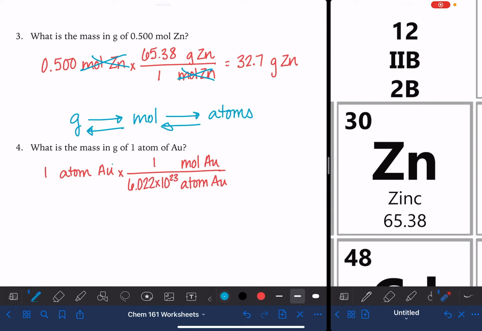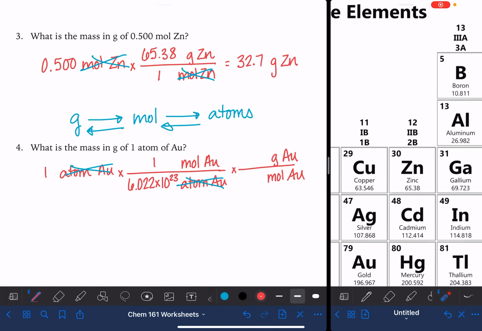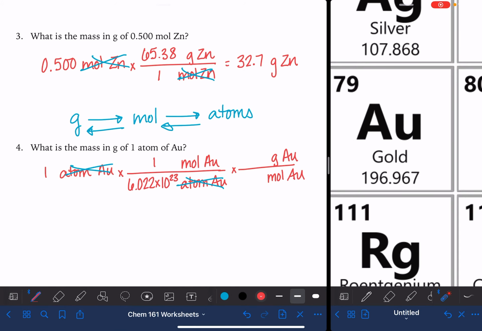It's the same number no matter what type of atom. And then we want another conversion factor that has the moles of gold on the bottom and converts into grams of gold on the top. Let's find gold, AU. The mass is 196.967 grams per mole.